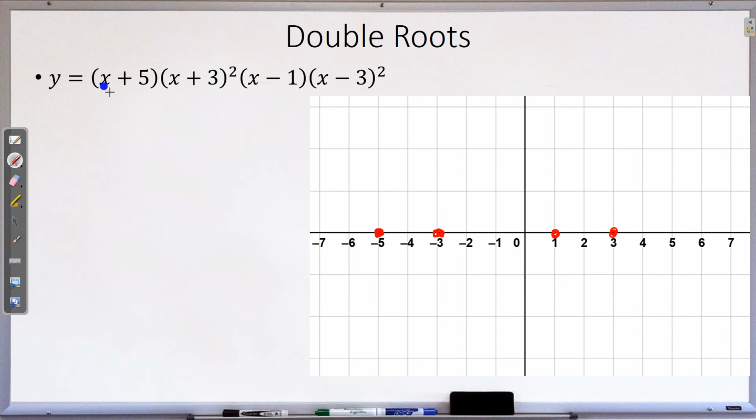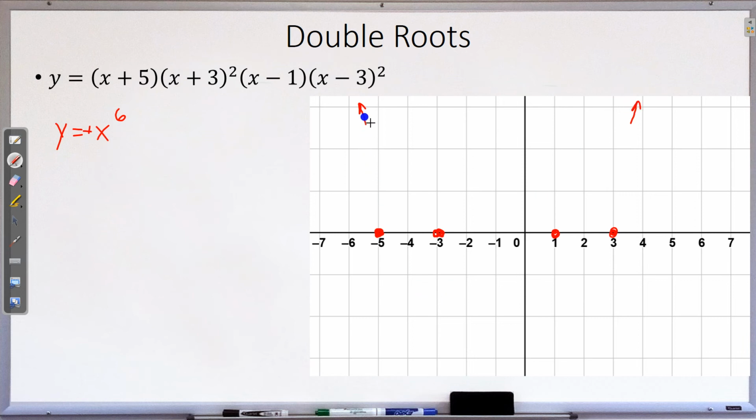So that's 1. This one counts as 2 more because there's 2 of them. So 1, 2, 3, 4. This one also counts as 2, so 5, 6. So our total power is x to the 6th, and it's positive. So that tells me my end behavior will be going up, and it will be going up.